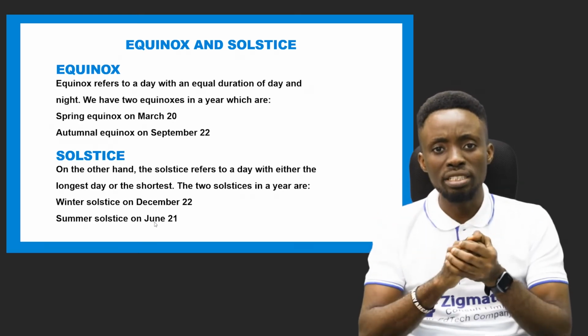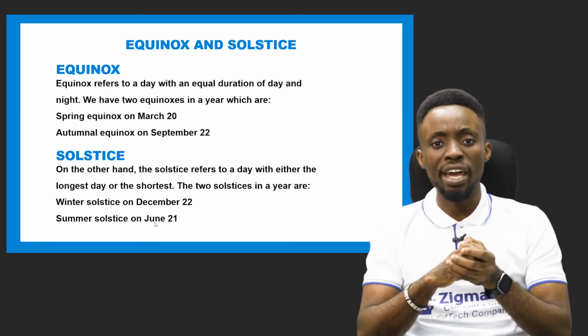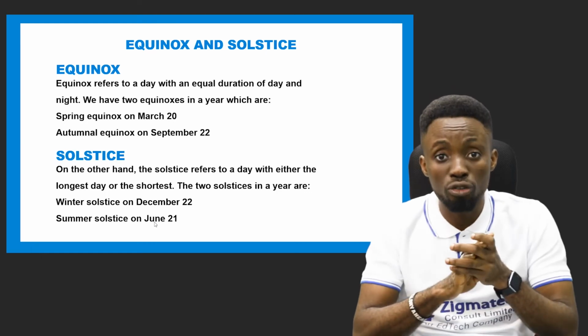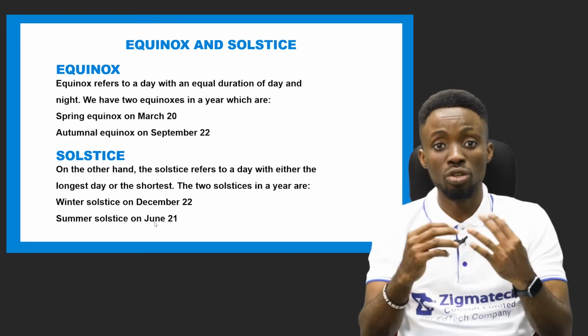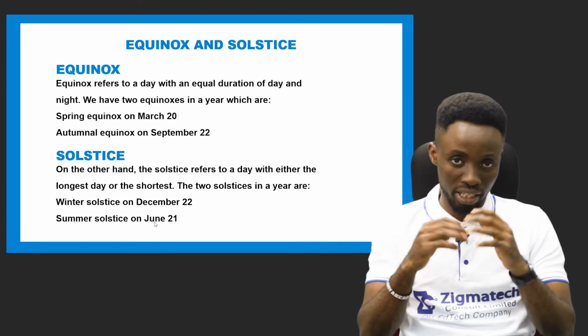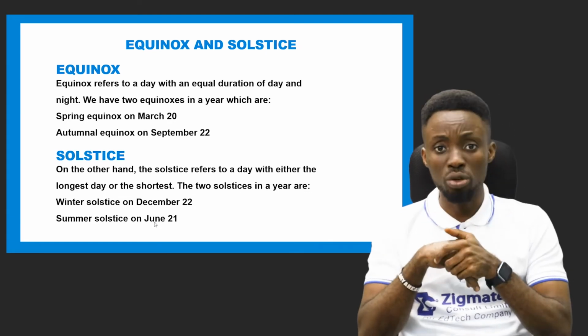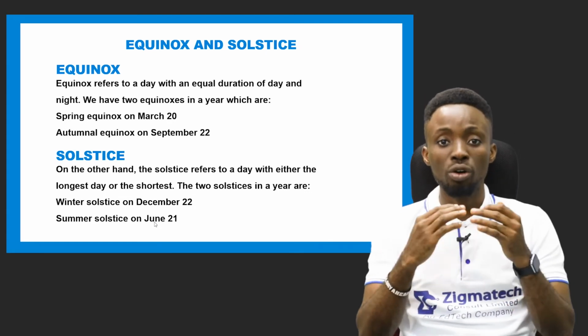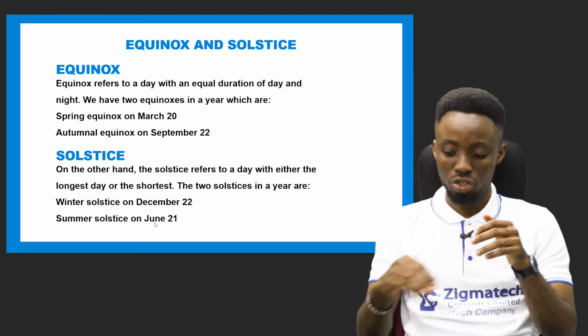At the Arctic Circle, we experience 24 hours of complete daylight. That means the sun is visible for the whole 24 hours of that day, and the Arctic Circle is regarded as the land of the midnight sun.